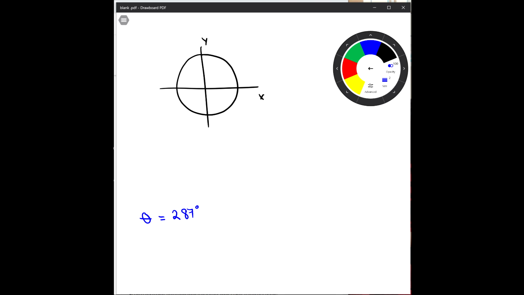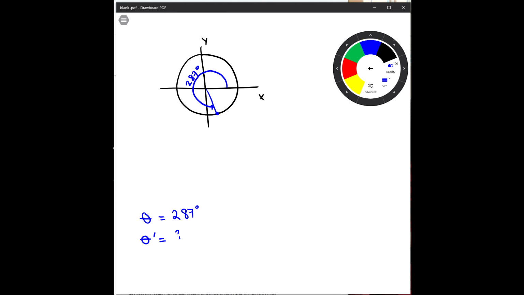We know that right here will be 270 degrees, so 287 degrees is somewhere right here. That means from 0 degrees all the way to the terminal side will be 287 degrees. Now, same job, we're looking for a reference angle.